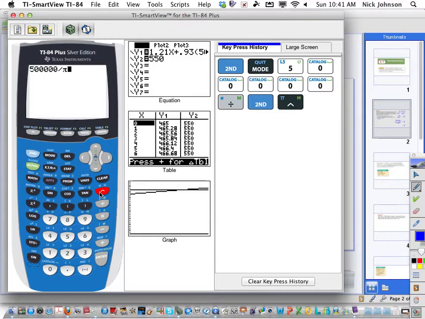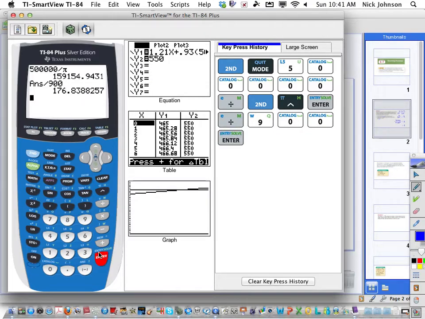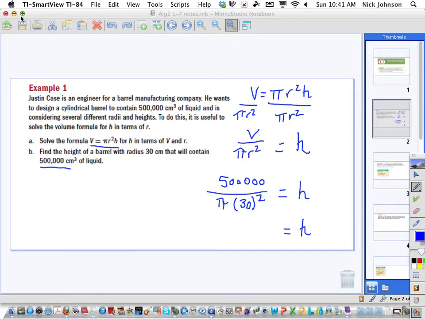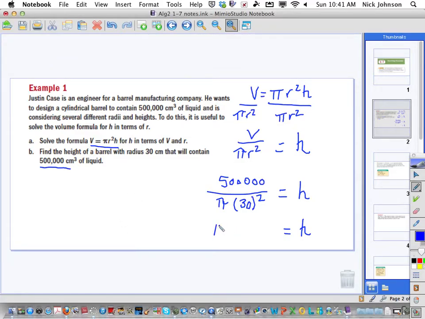Divide by pi, and divide it by 900. And that's going to tell me that my height needs to be 176.83 centimeters. 176.83 centimeters high to get 500,000 cubic centimeters of liquid. Now, would they round up? Probably so.